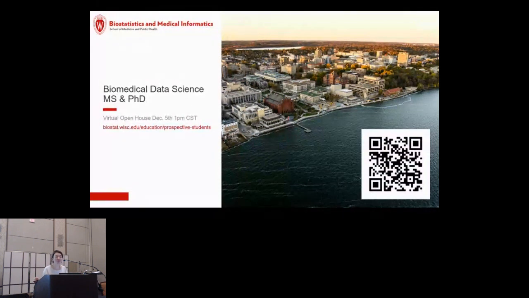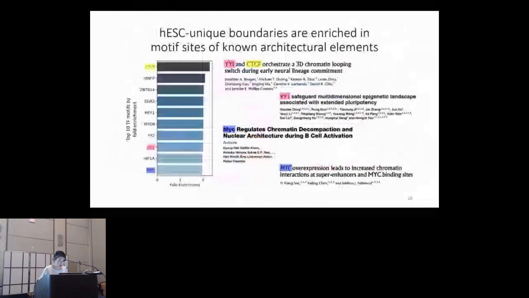Cool. I had a question about your motif enrichment results. If you could go back to that slide for a second, I just want to make sure I ask it correctly. This one or this one? The next one, yes. So you're looking here, if I understand correctly, at overall motif enrichments. Did you find transcription factors whose motifs are enriched at boundaries only at specific time points, but not overall?